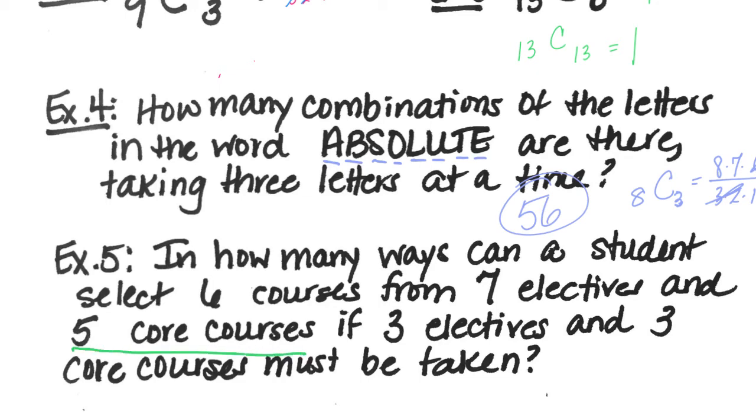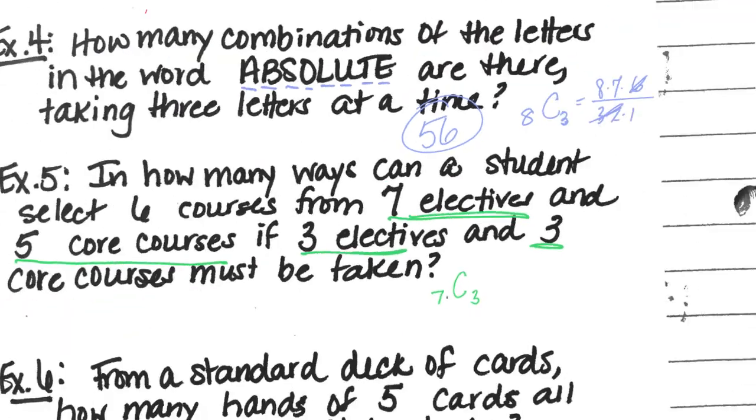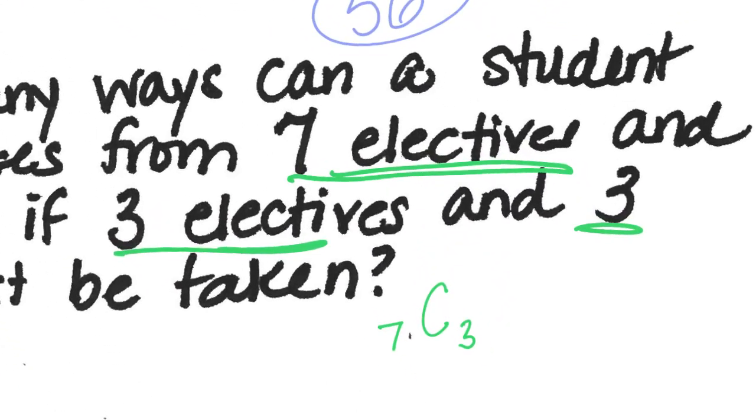I know there are 5 core and 7 electives, and I know I have to take 3 of each. So it looks like I'm going to set this up. The first one: there's 7 electives, 7 combination 3. And there were 5 core courses, so 5 combination 3.